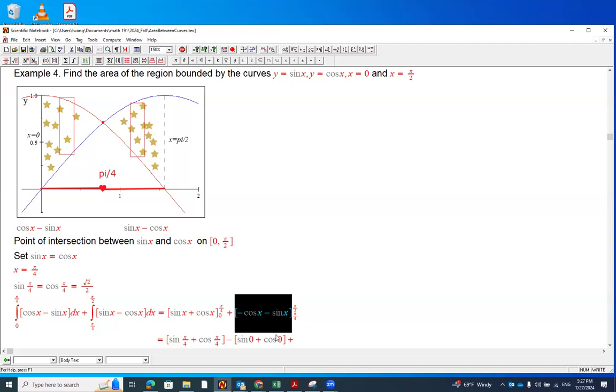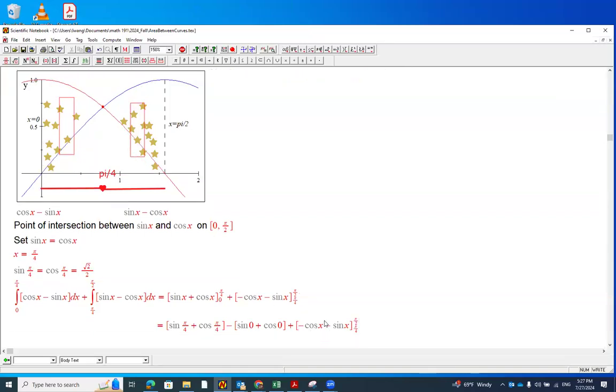On the other piece, if you like, you can take out the negative sign, or you can just keep it. If you want to keep it straightforward, just keep it. And this is going to be evaluated from pi over 4, subtracting, and still keep that.